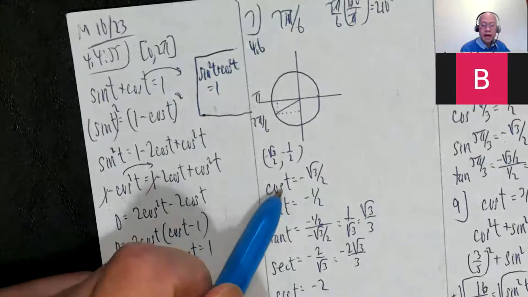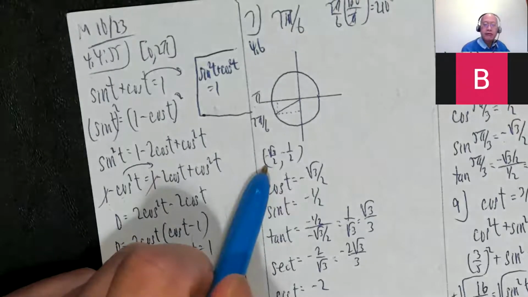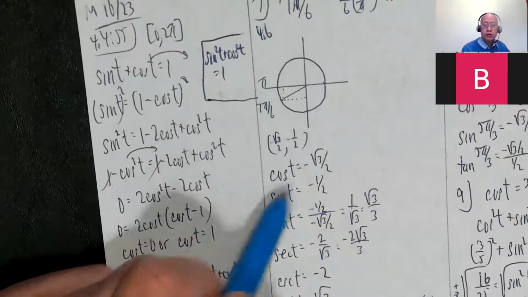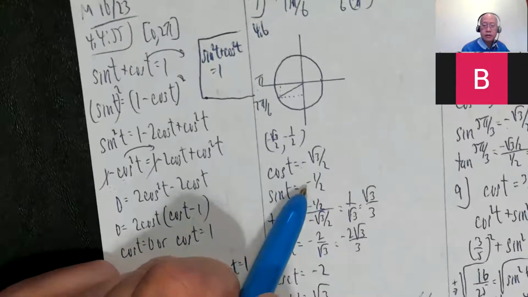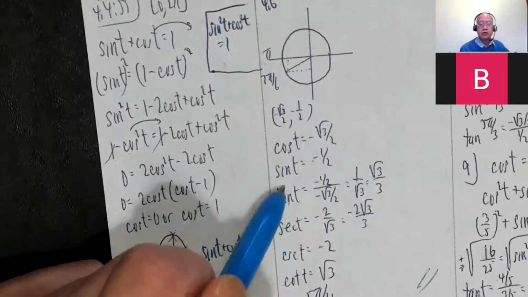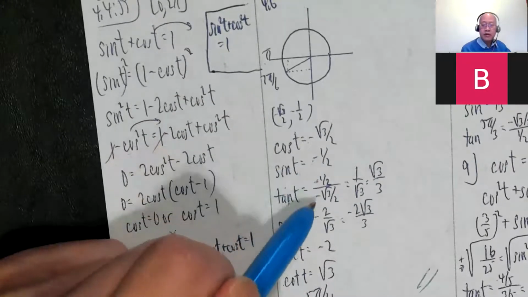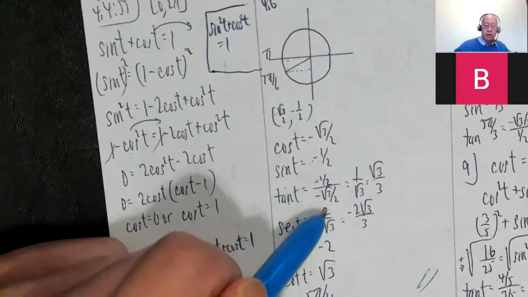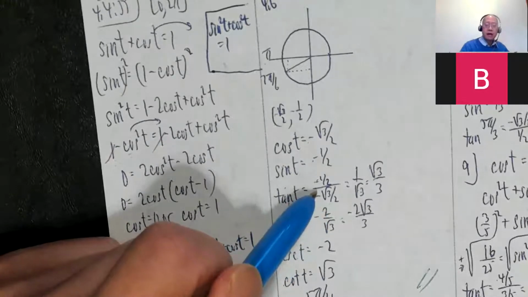So cosine means x coordinate, negative radical 3 over 2. Sine means y coordinate, -1/2. Tangent is sine over cosine, -1/2 divided by negative radical 3 over 2. 2 negatives make a positive. Okay. This theme will happen a lot.